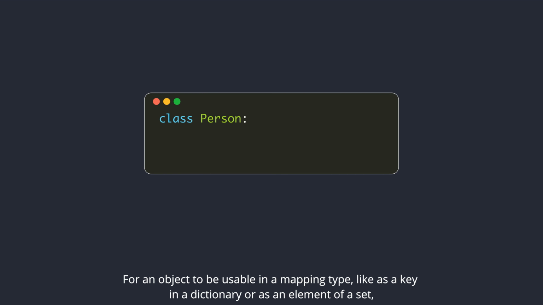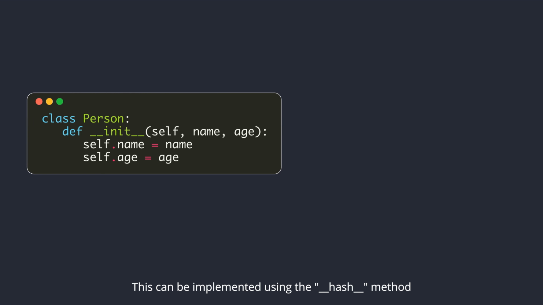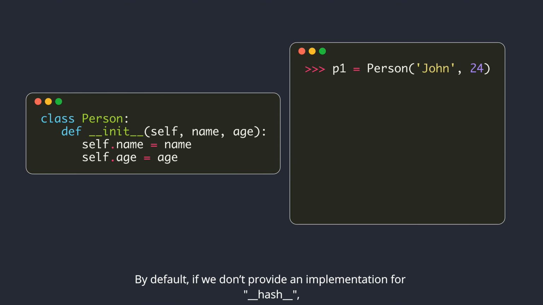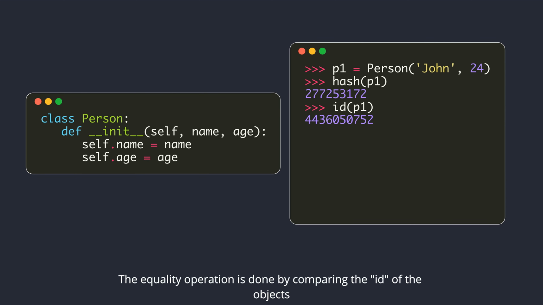For an object to be usable in a mapping type, like as a key in a dictionary or as an element of a set, it must be hashable. This can be implemented using the dunder hash method. By default, if we don't provide an implementation for dunder hash, Python derives a hash value from the ID of the object. The equality operation is done by comparing the ID of the objects.